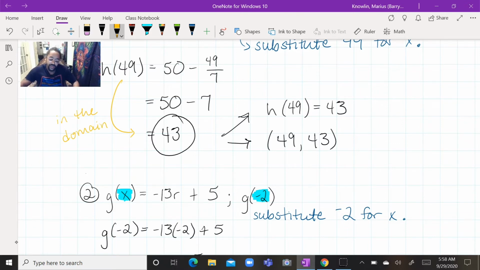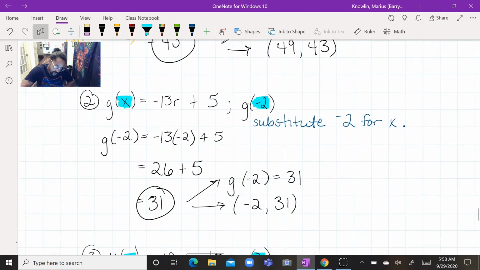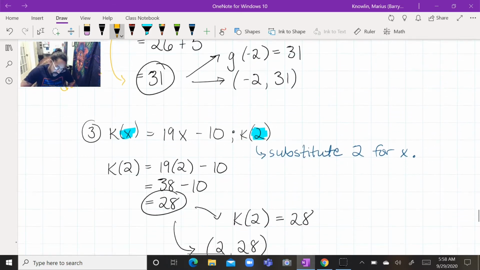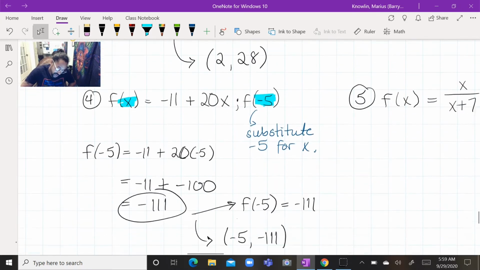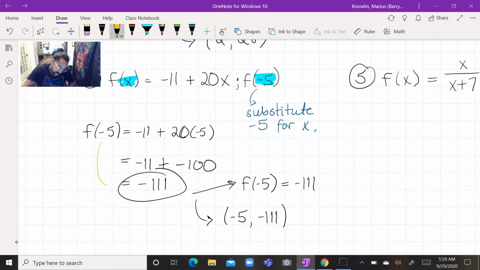And it's in the domain because we actually got a value here. So all of these can be said to be in the domain. Okay? Because we actually got a value. It exists. Okay? So in the domain. And the domain means that this x value actually exists. So in the domain.